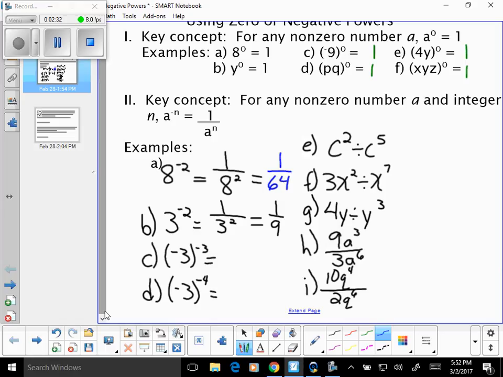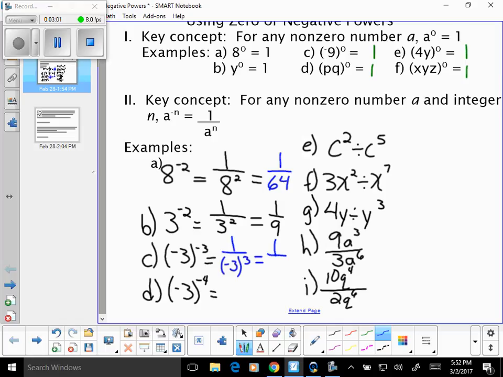Now, in example C, notice that we have the negative 3 inside of parentheses. We have to follow that when we do the denominator. Remember that the exponent is no longer negative once it goes to the denominator. Now, we need to simplify this. We know we have a 1 in the numerator.